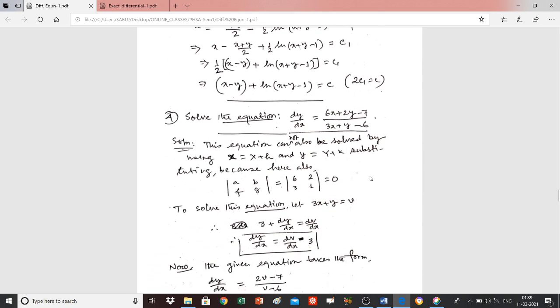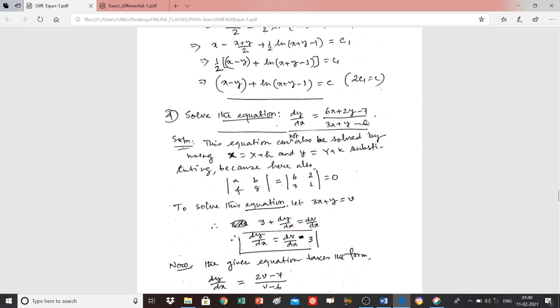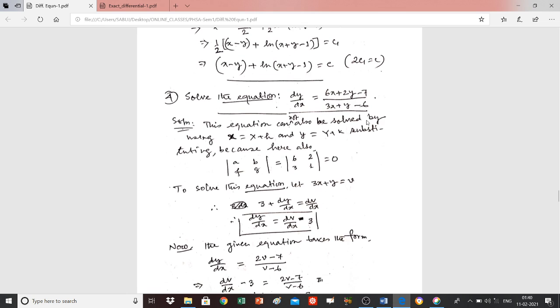Another example is here, dy by dx is equal to 6x plus 2y minus 7 over 3x plus y minus 6. Here you first have to check whether it can be reduced to a homogeneous equation or not. Here a is equal to 6, b is equal to 2, f is equal to 3, and g is equal to 1.